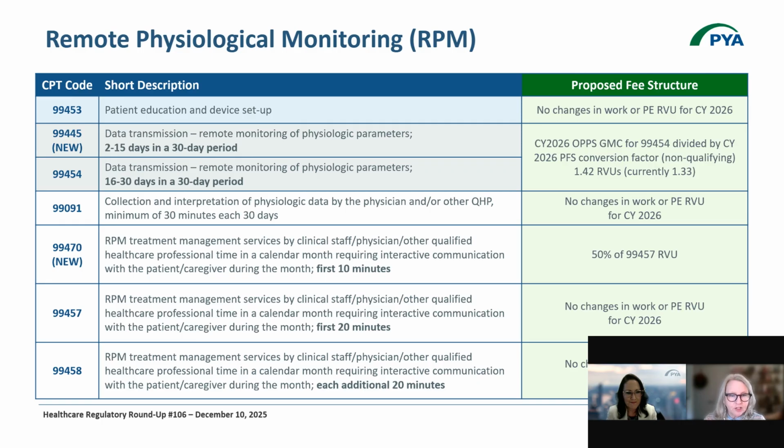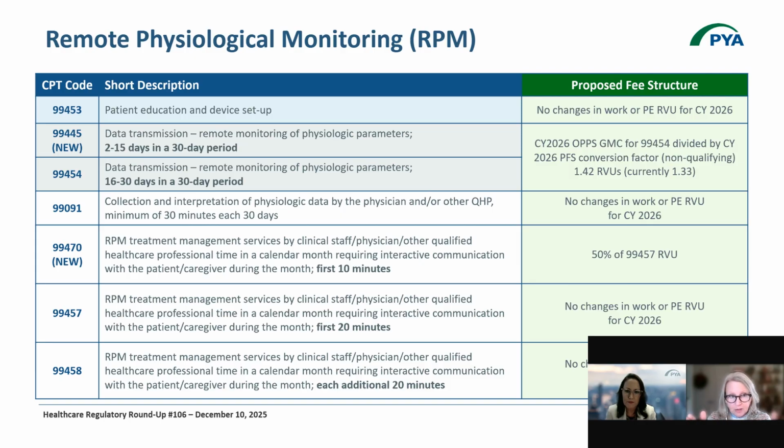Next up on care management is the refinement to the remote monitoring codes. And as you recall, we have 2 types of remote monitoring. We have remote physiologic monitoring and remote therapeutic monitoring. In the world of RPM, that's remote physiological monitoring, the important development for 2026 is the addition of a new code for when the practitioner collects less than 16 days of data. So currently, billing these codes for monitoring patients, you had to cross the 16-day threshold every 30 days.